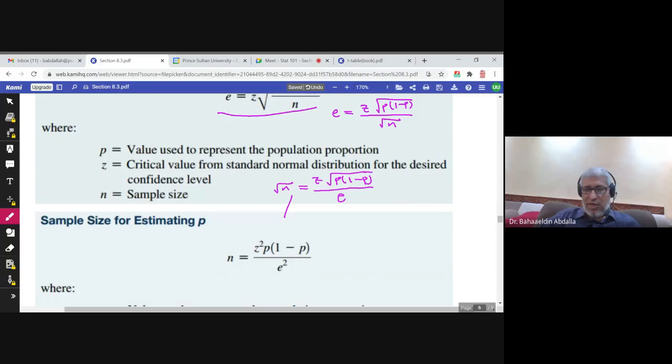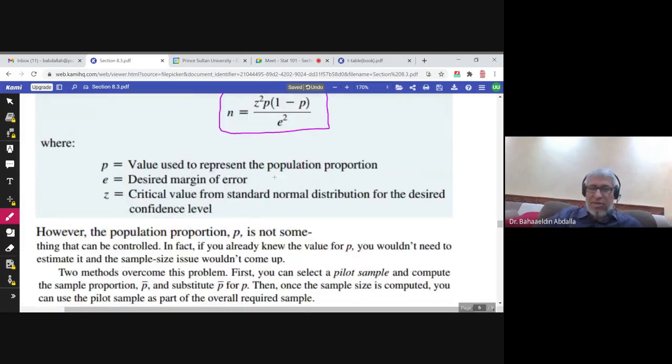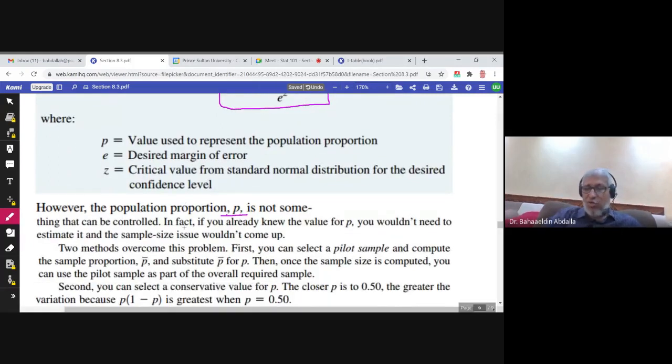So you will get N equals Z square, and if you square the square root, you get rid of it, P times 1 minus P over E square. So this would be the formula to find the sample size. You need Z, the critical value, you need P, the population proportion, and you need E. But the population proportion is not available because we need to estimate P. So what to do?